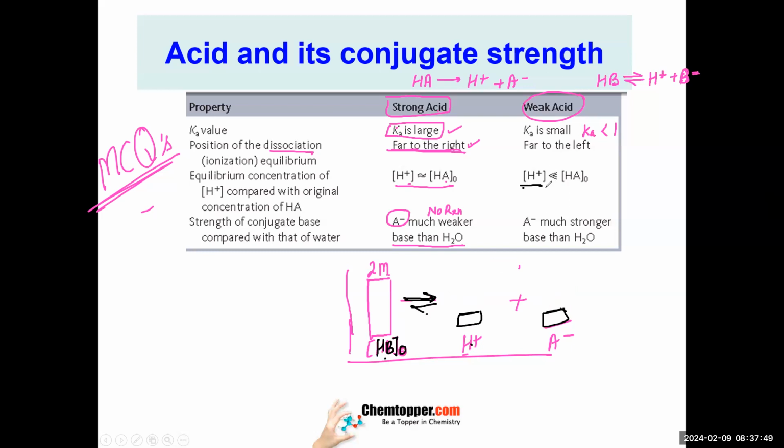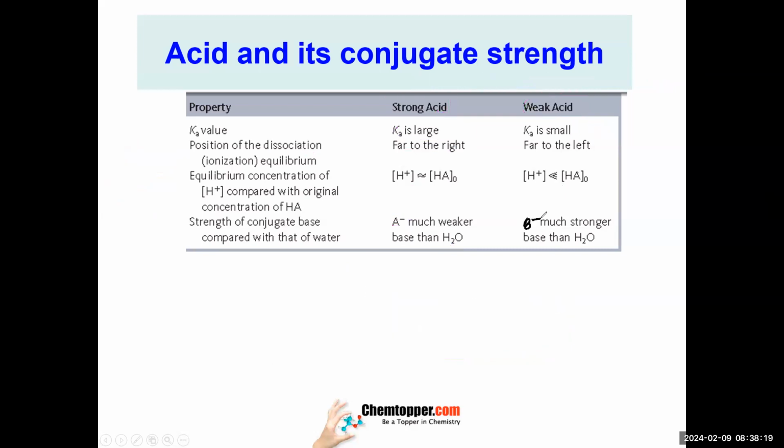So H plus concentration is much lesser than HB. And A minus; here in our case I took HB, this booklet is taking HA only. Then B minus is a stronger base than water. If B minus is a stronger base than water, then this B minus is going to react with water like a base. Can you complete this equation?